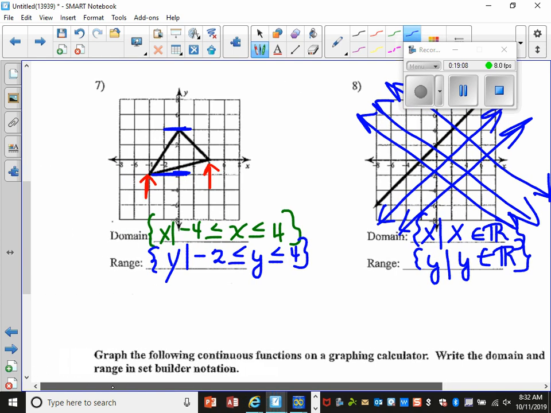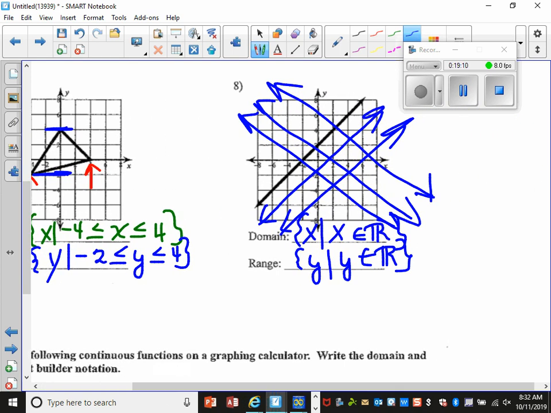Okay. What if it's a vertical line? That's a good question. So I'm going to draw a vertical line here because I didn't have an example, and I'm going to put it at 4. All right, I have a vertical line here. What will be my x's at 4?